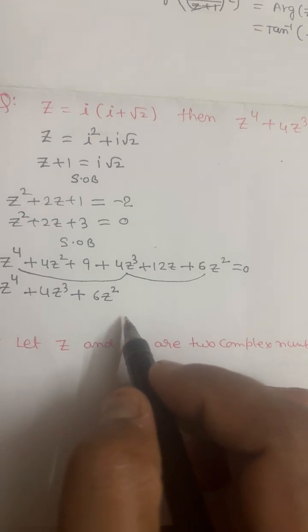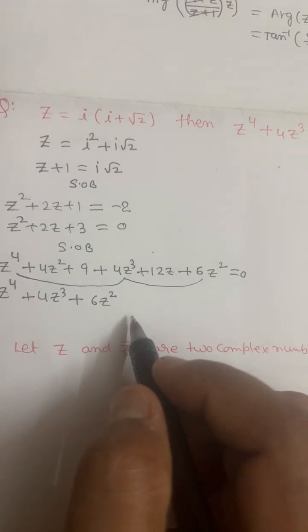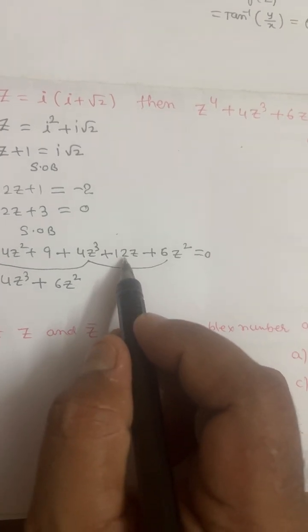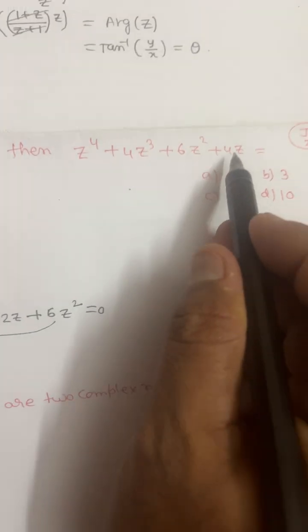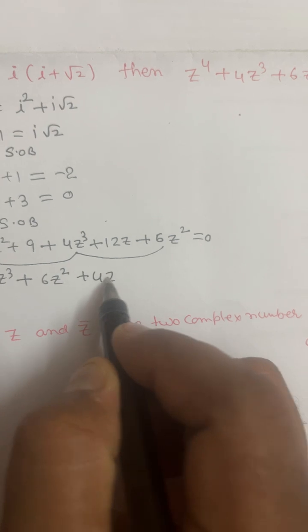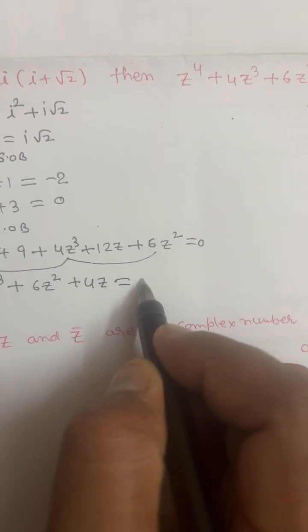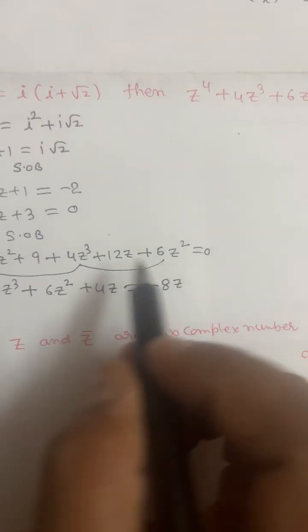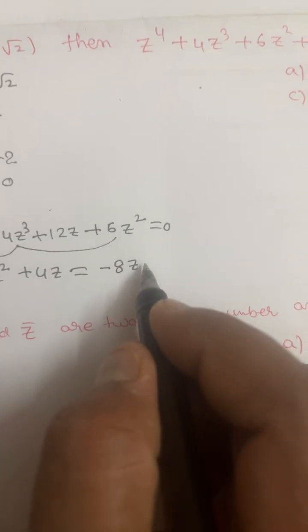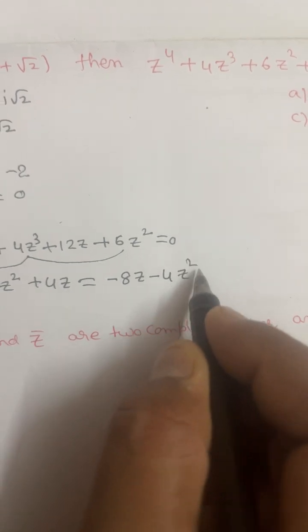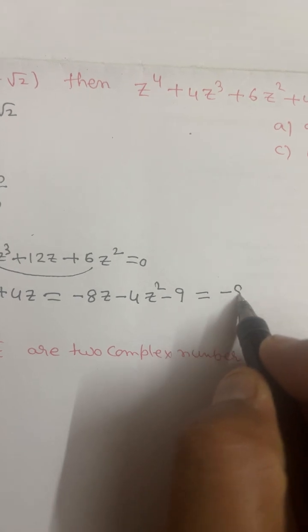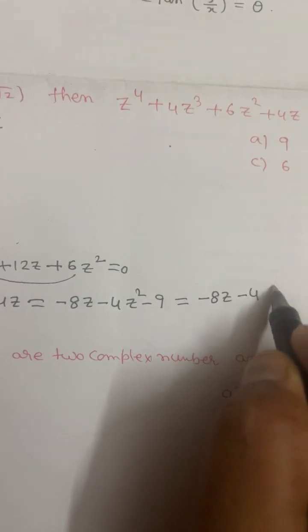Except these terms, if we keep the remaining, even 12Z, in this question here 4Z extra is there, no? So 12Z I am writing as 4Z plus 8Z. That 8Z I am writing this side, so minus 8Z, and here 4Z square and 9 also I am taking into this side, so it comes as minus 4Z square minus 9, which is equal to minus 8Z minus 4 into Z square value.